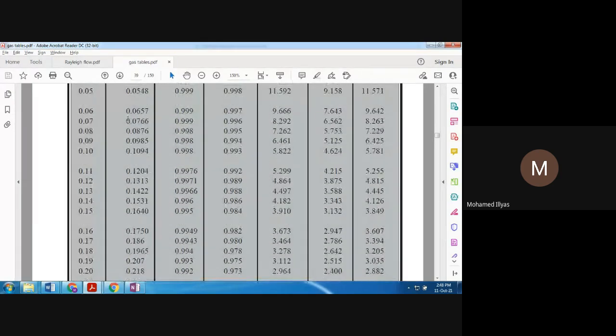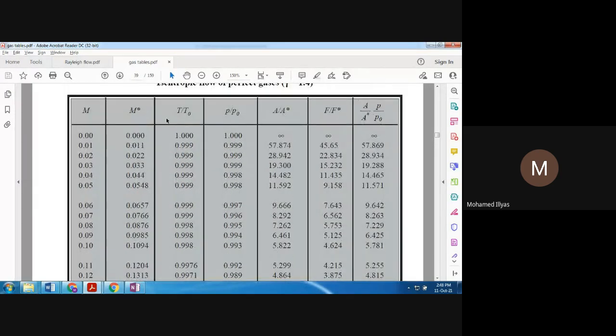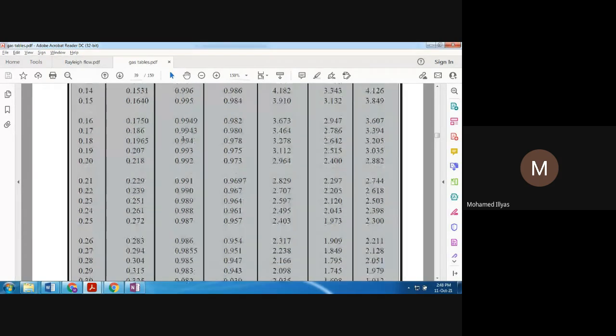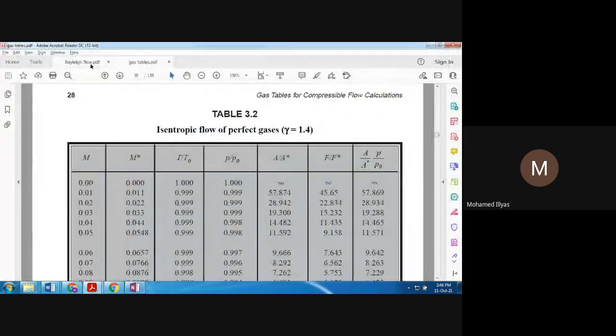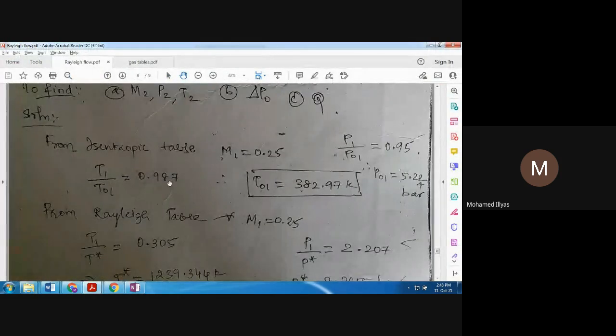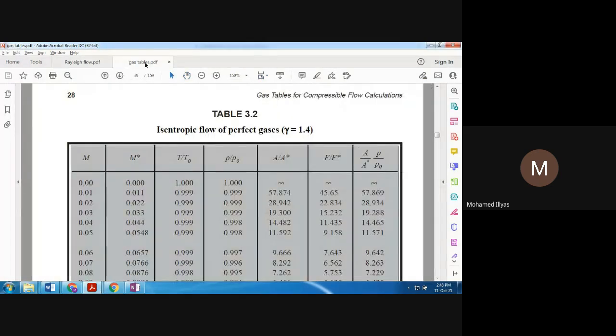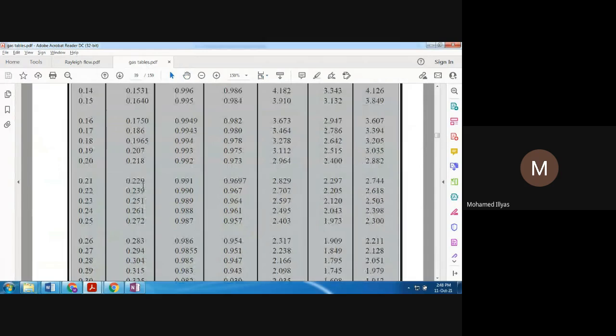Okay, so we need the stagnation pressure ratio and also the temperature ratio, third and fourth column. 0.987 and 0.957, which are the temperature and pressure ratios. So 0.987 and the pressure is 0.957.